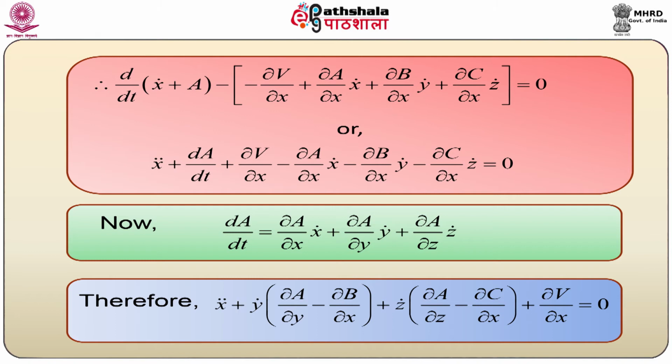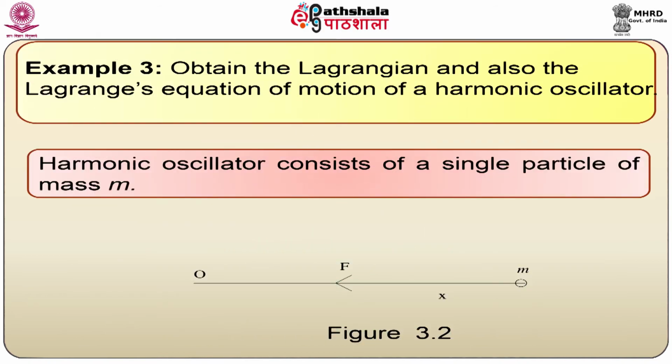Arranging the similar terms, we get this equation. Similarly, considering the Lagrange's equation of motion corresponding to y and z coordinates separately, we can get two other Lagrange's equations of motion.